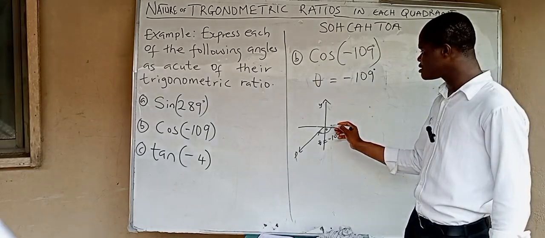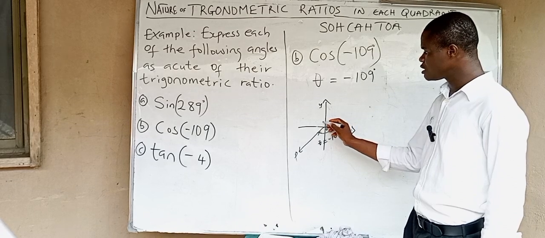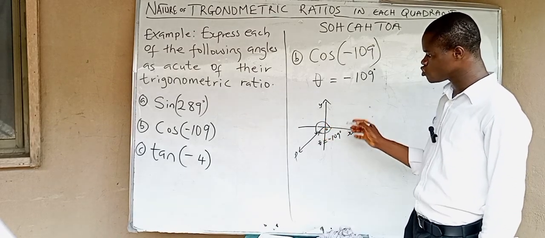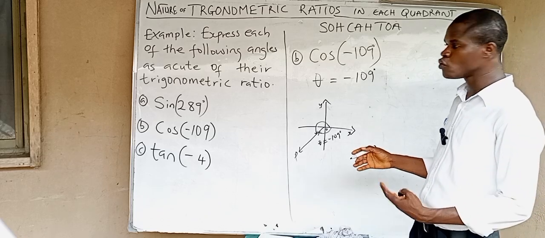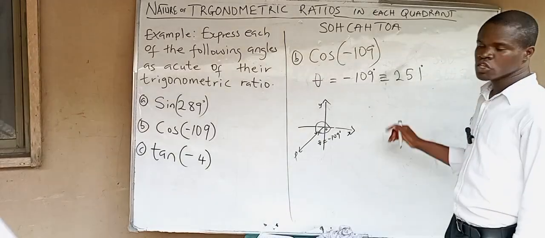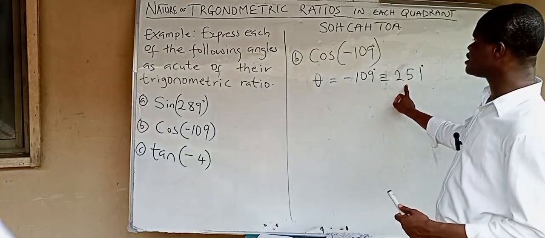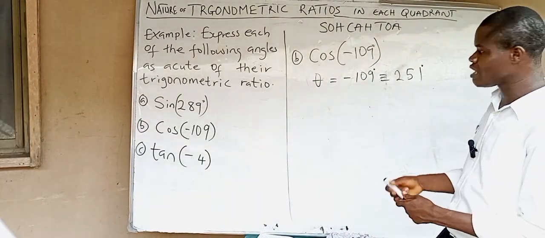If from here to here is 109, it means that from here to here is going to be 360 minus 109, which is 251 degrees. Now we are dealing with a positive angle, it becomes easier for us.